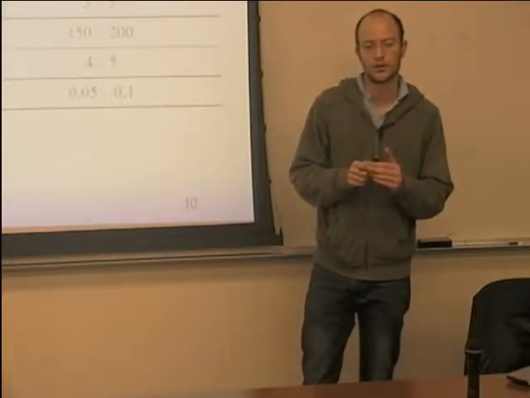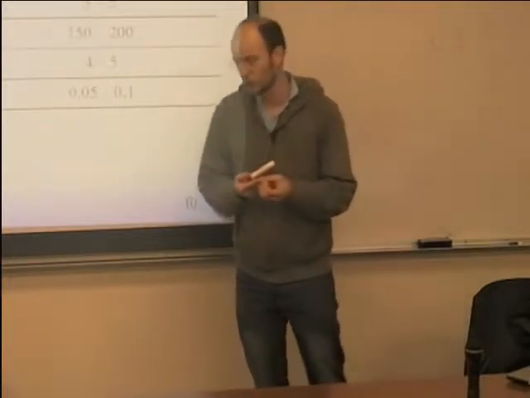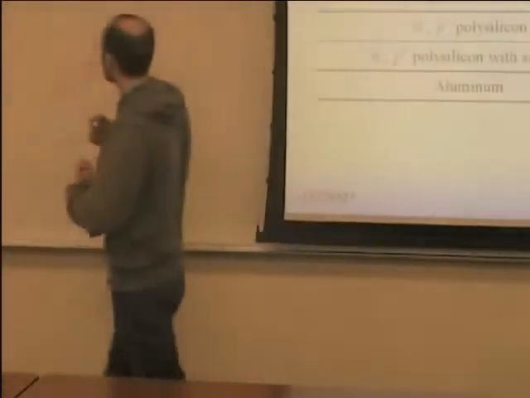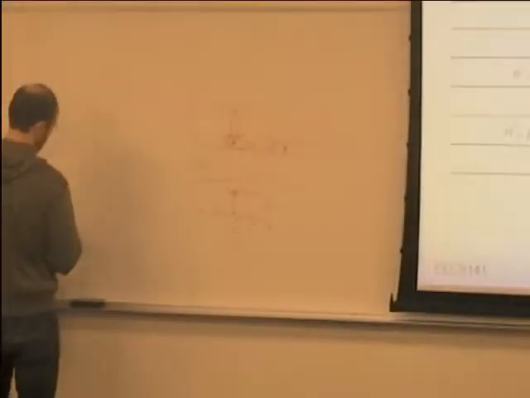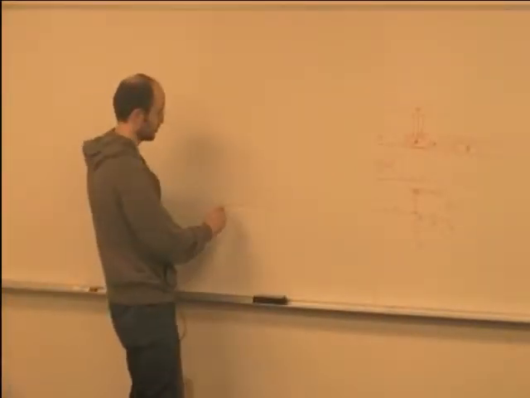Yes? Maybe the capacitance of the diffusion depends a little bit on the voltage you apply. Okay, so nonlinear capacitance for the diffusion, that's right. This is true and it's a good answer, but there is even a simpler answer that has to do with what I was saying before.